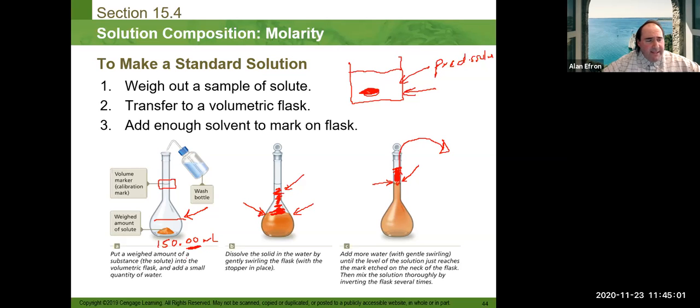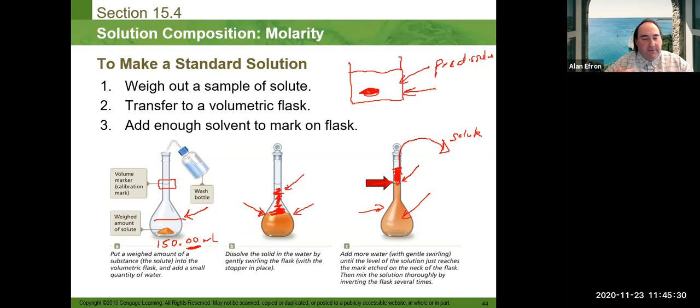That's probably not a good idea, because you want the right concentration in here. Remember, all your solute has been dissolved. So when you pour some of that out the top, you're going to lose some of that dissolved solute, and depending on how much water you put in there, you might not have the correct concentration in your solution. That's why it's really important to go slow and make sure you hit it right at the line.